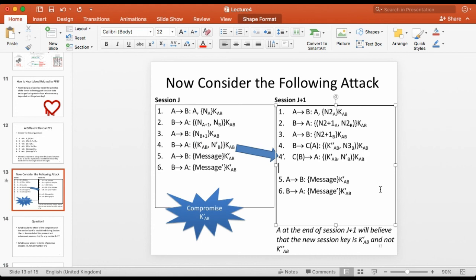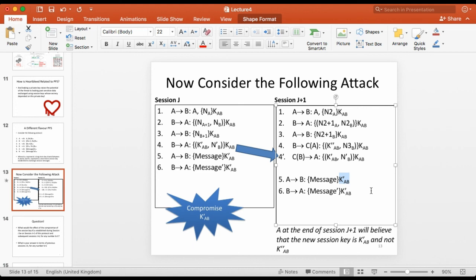What happens next explains the effect of that, which is that both Alice and Bob will continue in the second session as normal afterwards, but they will be using the older, existing key K prime AB as the new key.